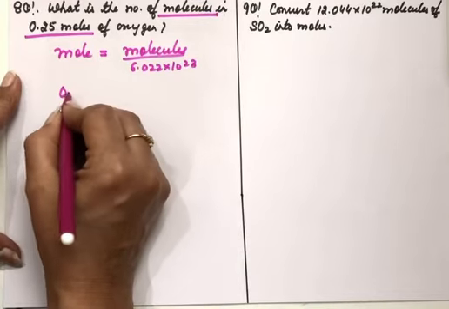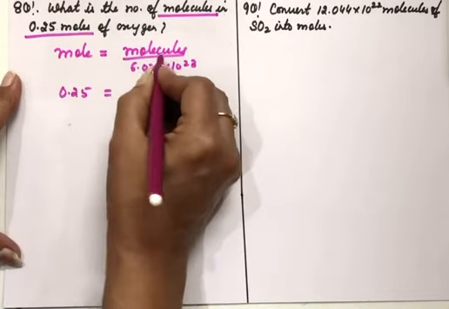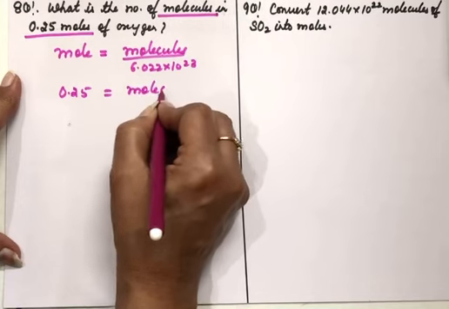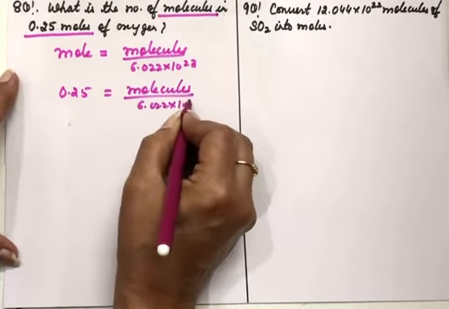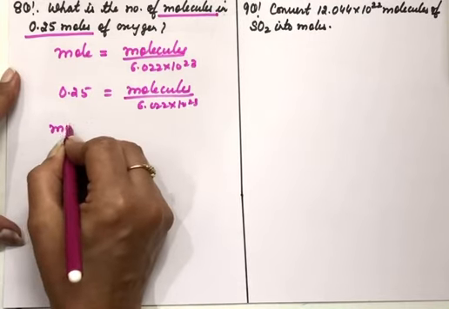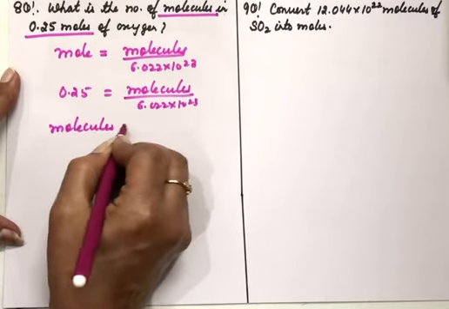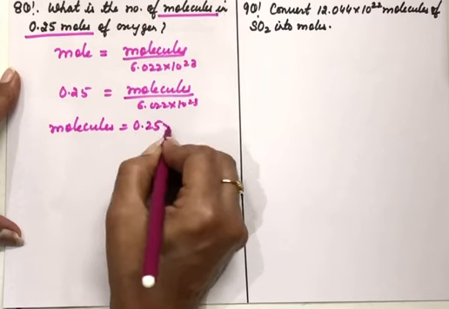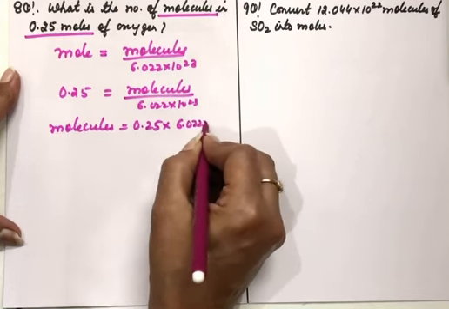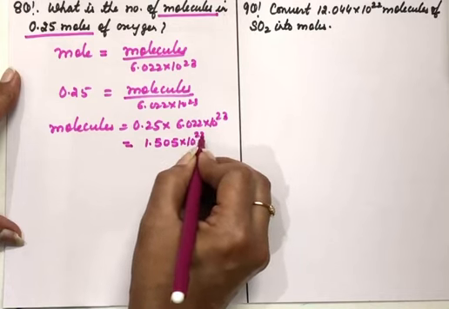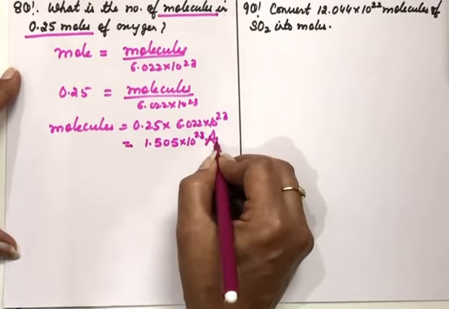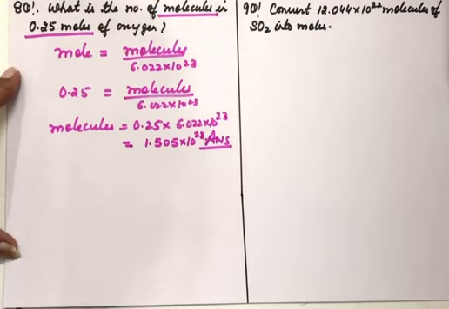Moles are given, 0.25, and molecules we have to find out, divided by Avogadro number. So molecules are equal to 0.25 multiplied by Avogadro number. After solving, we will get 1.505 into 10 raised to power 23 molecules. This is the answer.